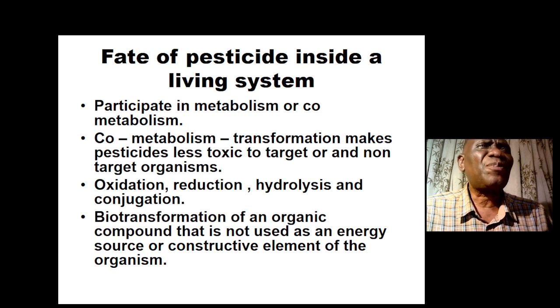Later on, we will explore what exactly happens during oxidation. Actually, oxidation could be 7 chemical reactions. Reduction, I think there are 2. Hydrolysis, there could be 3 reactions. Conjugation, probably 2 or 3 reactions.